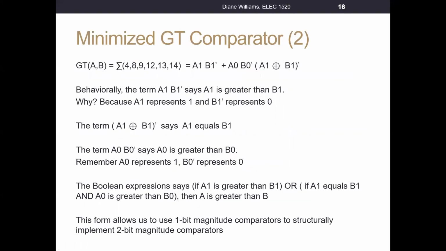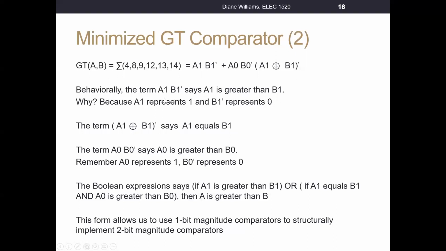All right. So here is the minimized expression we just had. And let's take a look at behaviorally what's going on. So what does the term A1 AND with B1 not mean if we were to put it into words? Well, what it really says is that A1 is greater than B1. And why does it say that?